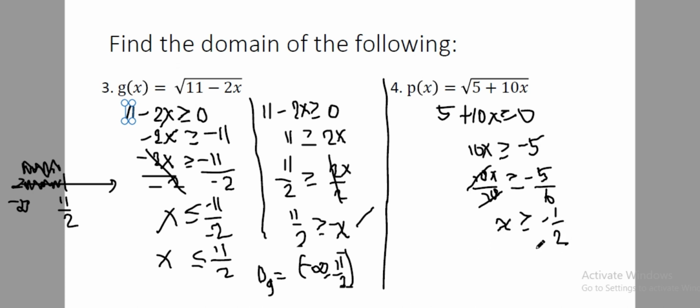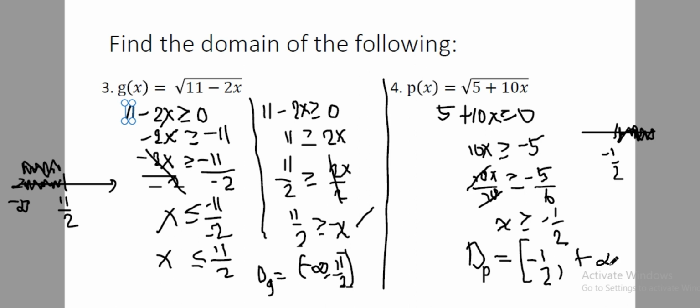So here it says that the x values are greater than negative 1/2. When we say greater than, it's at the right of negative 1/2. Therefore, the domain of P is from negative 1/2 to positive infinity.